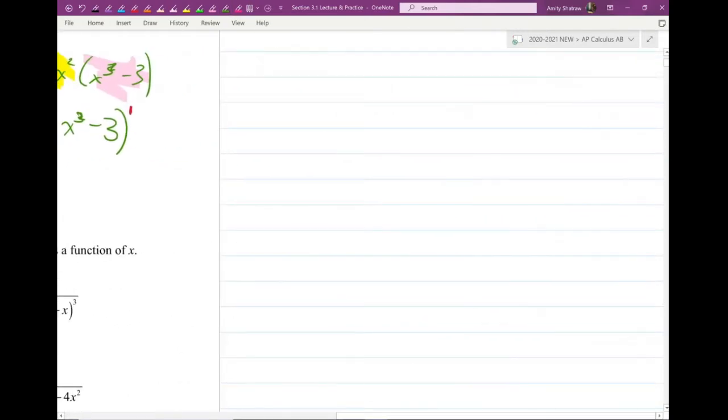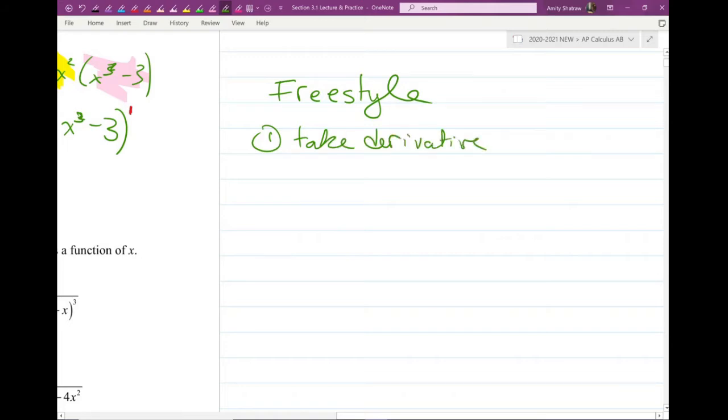I'm not going to make a separate freestyle here, but this is the freestyle moment where you take the derivative of whatever is on the outside. Okay? And that I usually put in front. I mean, typically. I write it down in front.